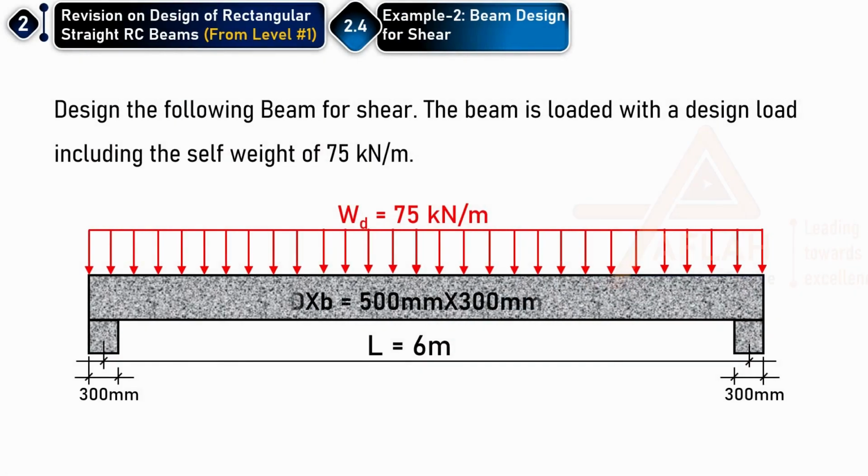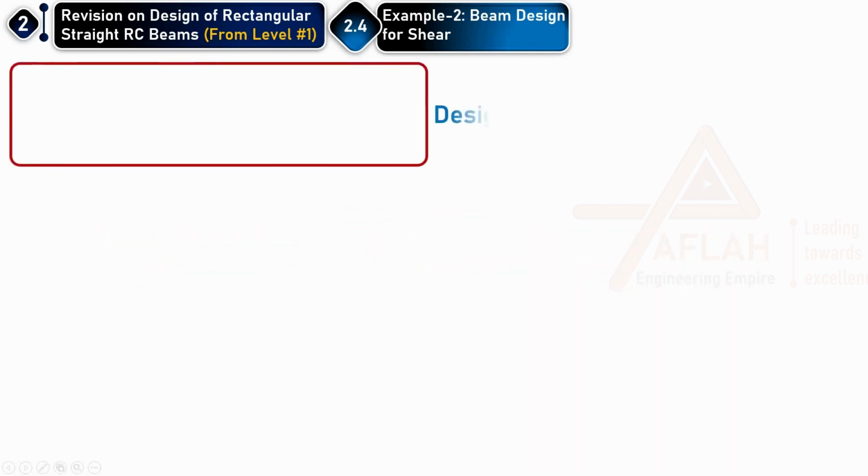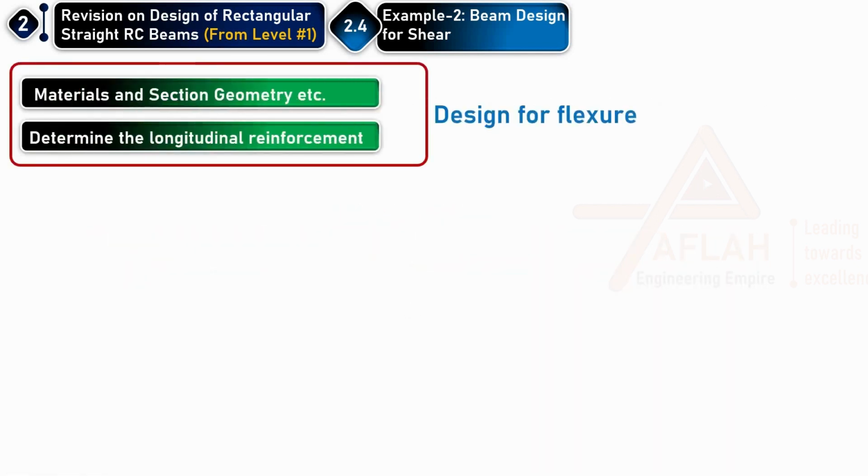For this example, the beam size is given as 500 by 300. Now the summary of what we have been talking about in the steps is this. Whenever you are designing a beam, you need to perform these steps first. You have to design for flexure first.